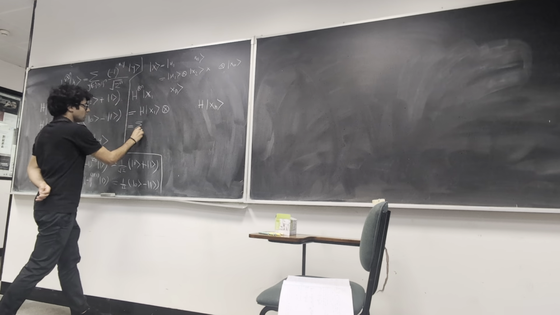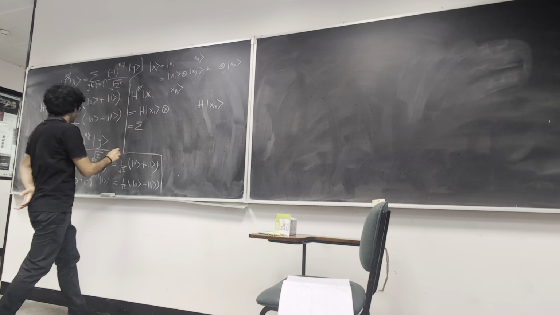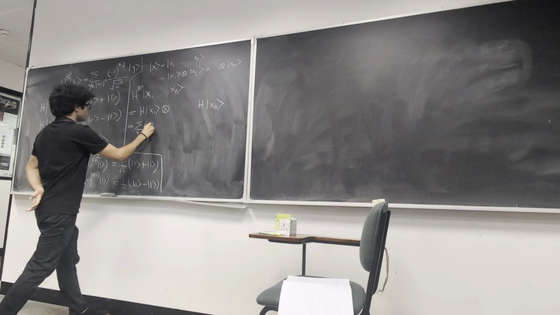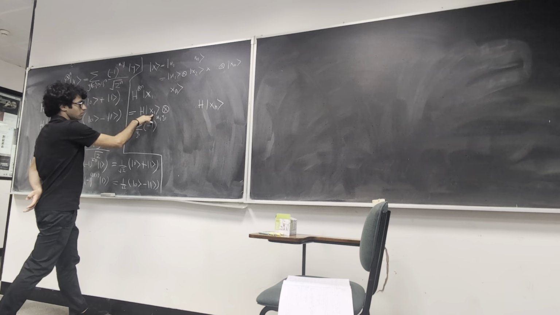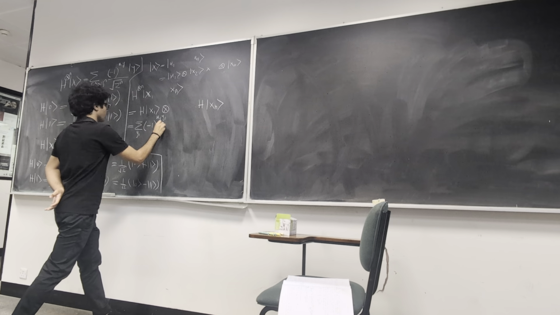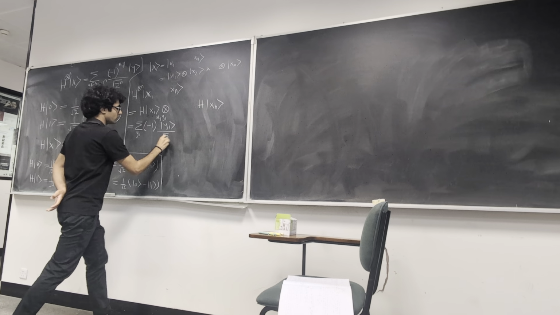Well, this would be, and this is a dummy index, right? So I can label it any way I like. I'm going to label it y1 and then minus 1 x1 y1 because this was x1, right? And it's x1 here. And then y1 over root 2.